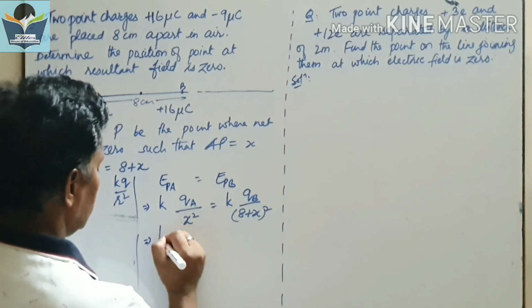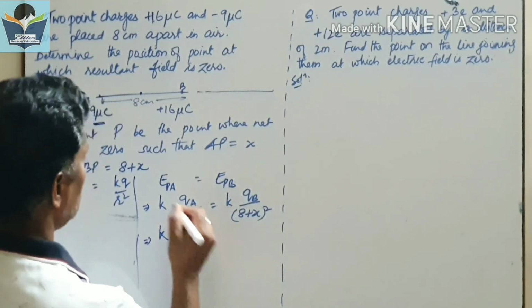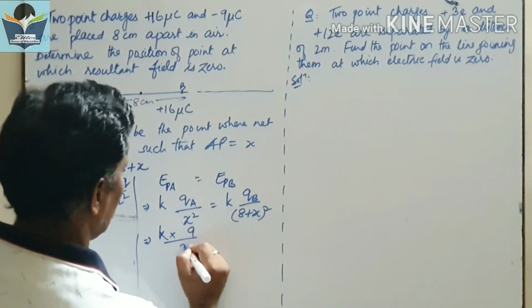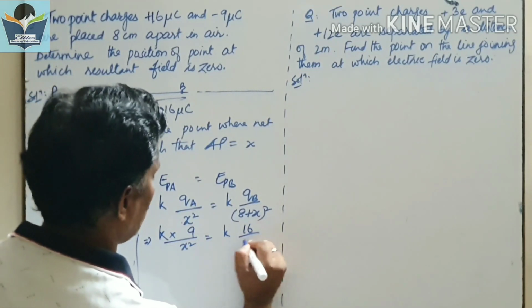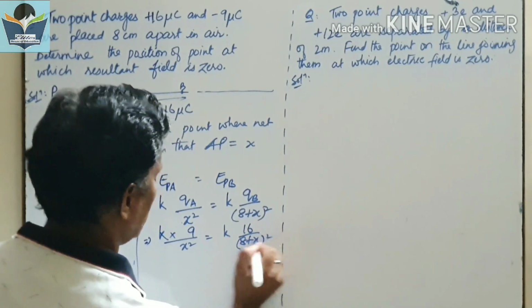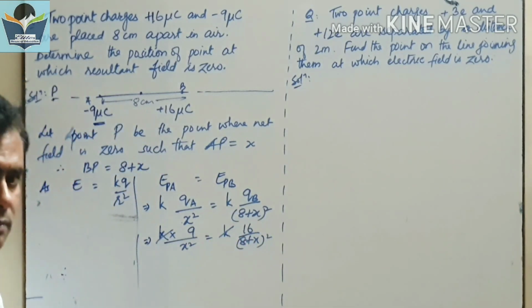Put the values here. K into QA is 9 upon X square. K into QB is 16 upon 8 plus X whole square. K is cancelled.